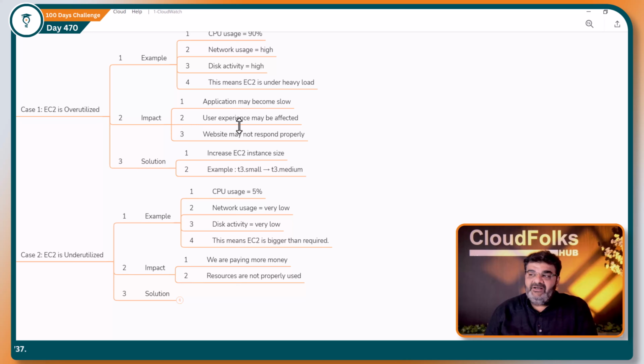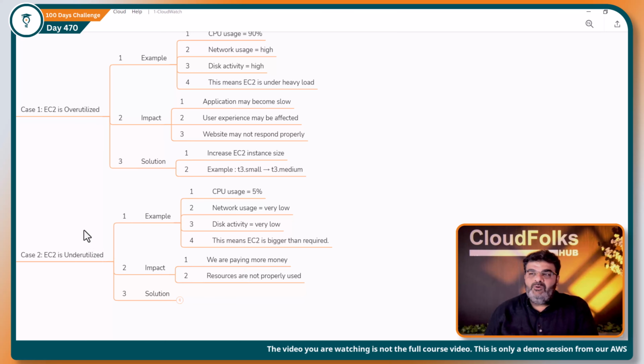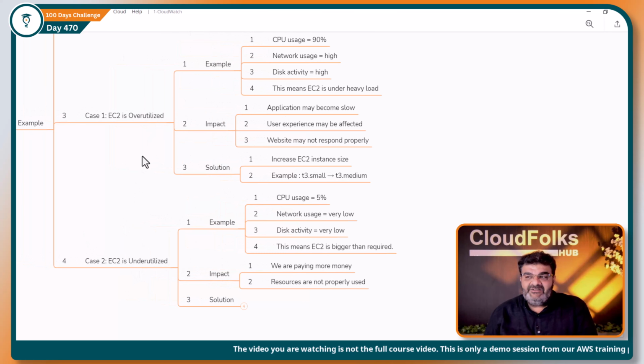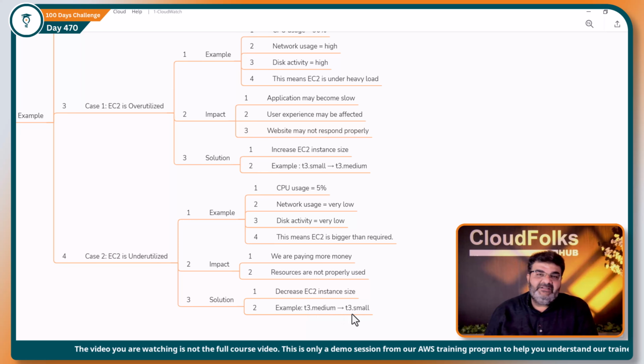Why? Because in the overutilized case it affects our users' and customers' experience, but here customers are very happy, while we are paying more to AWS. So in both ways, underutilized or overutilized, it is not good for our business. Now the solution is to decrease the size of the EC2 instance, for example from T3 medium to T3 small.